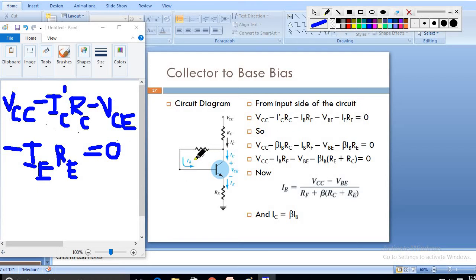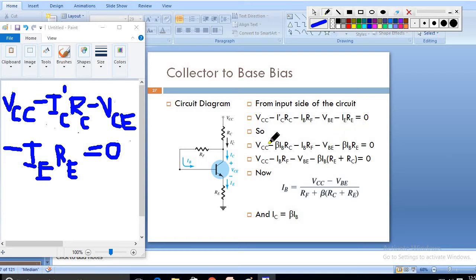The current flowing across this RF is IB, for that reason minus IB RB. Here there is no VB shown, but there is a VB because it is base, this is collector, this is emitter, there is a voltage VB, plus and minus. Again it is a fall in potential, for that reason minus VBE. Next is this branch RE, positive and negative, so again a fall in potential, so minus IE RE is equal to 0.